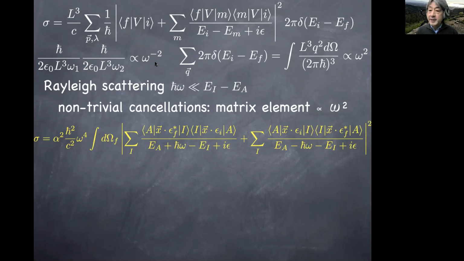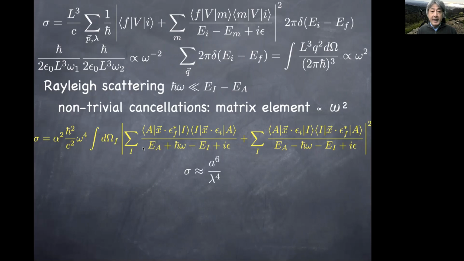So these omega dependencies cancel between this normalization factor and the phase space integral. So the only omega dependence that remains in the end is coming from the omega squared behavior of the matrix element, which is squared, and hence omega to the fourth. And that's how you can understand this omega to the fourth dependence of the cross-section.